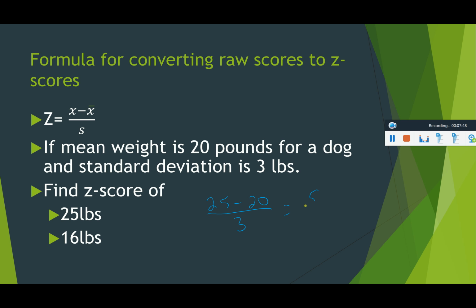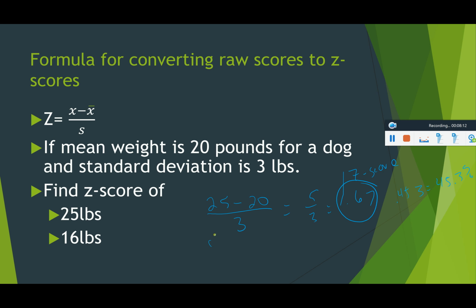And you get 5 over 3, which is 1.67. And then, of course, this is your z-score, and you would just look this up on your chart, and you get about 0.453, which is about 45.3%. So any dog that weighs 25 falls about within 45.3% of the mean.